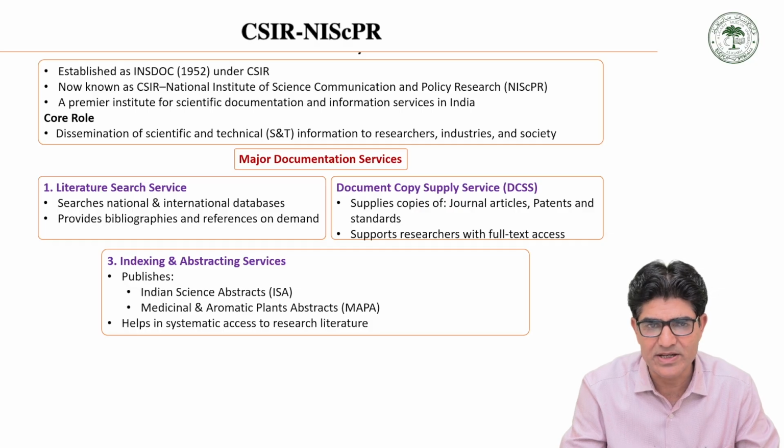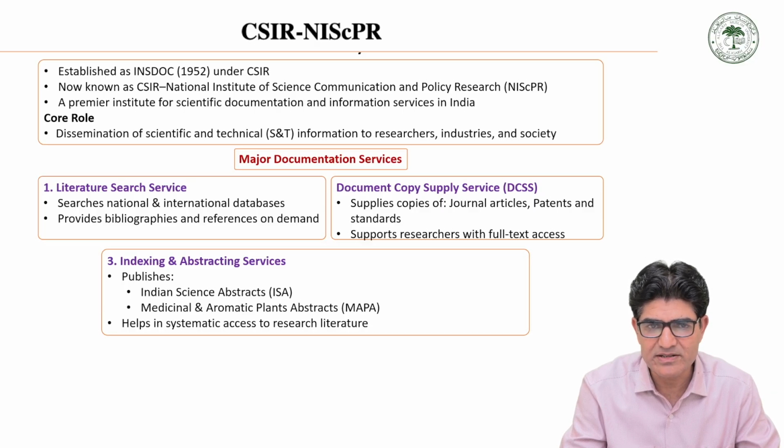When we talk about the major documentation services offered by this institution, the literature search service is the important service where the searches from the national and international databases are conducted. And this institution also provides bibliographies and reference on demand.